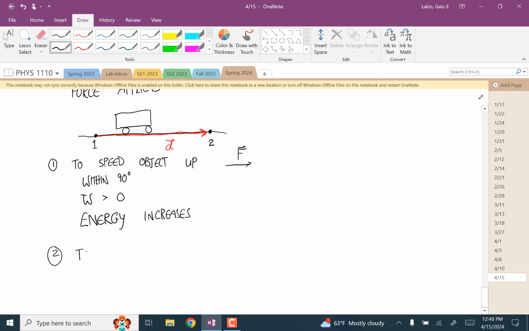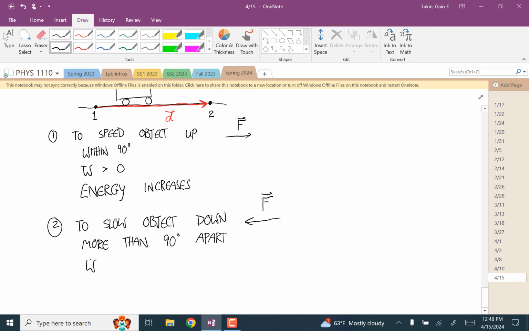To slow the object down, you'd apply a force opposite the displacement. That means the force and the displacement vector are more than 90 degrees apart. That means that the work is less than 0. And that means that the energy decreases.